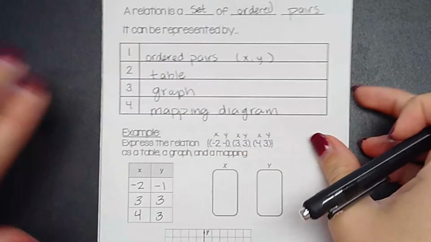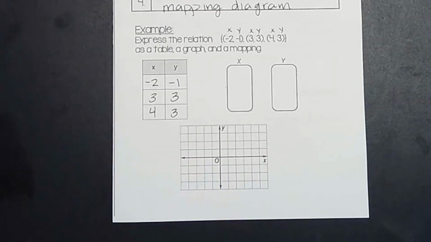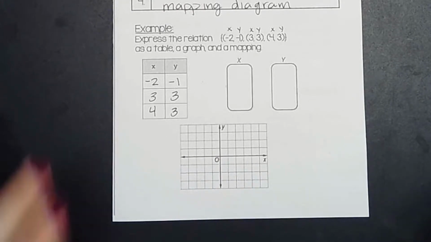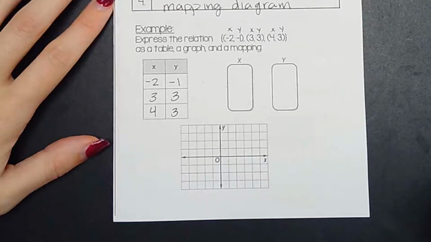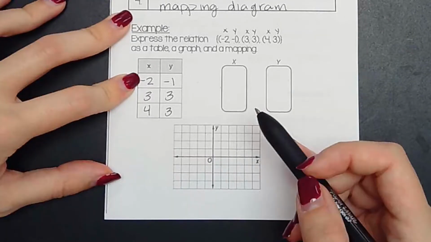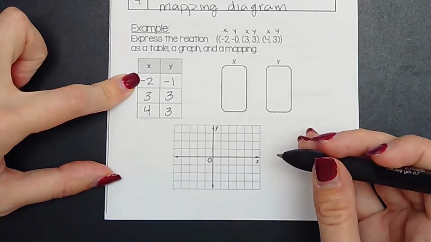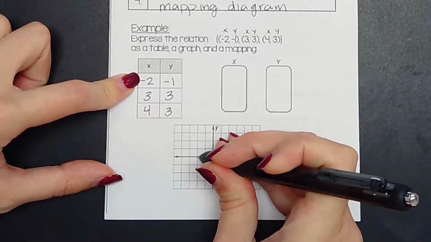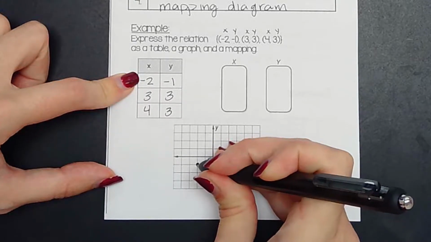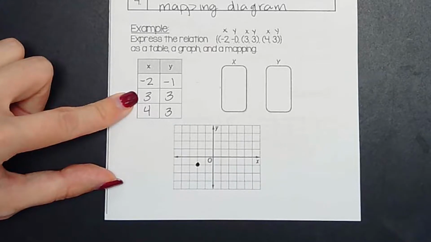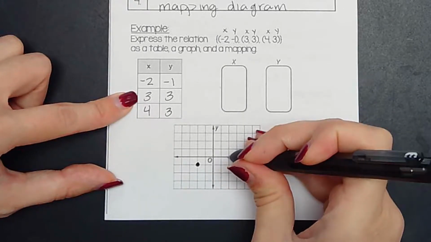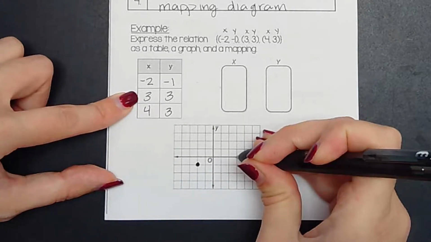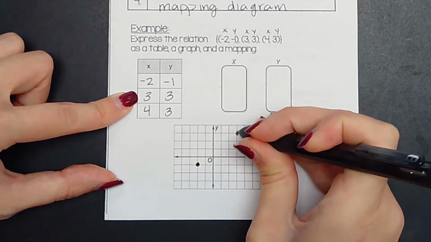If I wanted to make those points and make this relation a graph, well, I would just plot these 3 points. So my first point is at (-2, -1). So starting at the origin, I go over to -2, down 1 point. (3, 3) would be 3 spaces to the right from the origin, and then 3 spaces up.